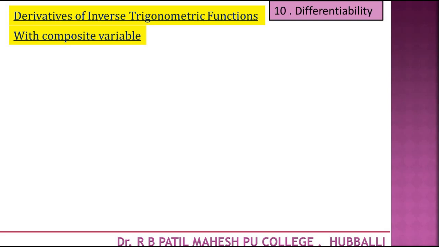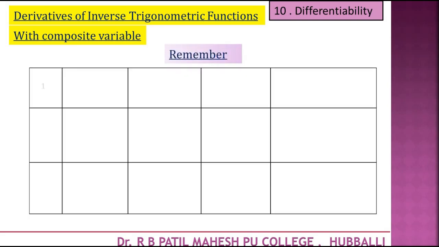So now if it is an inverse trigonometric function with a composite variable, then how to write the derivative? First I give the formula. Remember all these formulas. First I write the derivative of standard functions with x variable: d by dx of sine inverse x is given by 1 divided by square root of 1 minus x square.